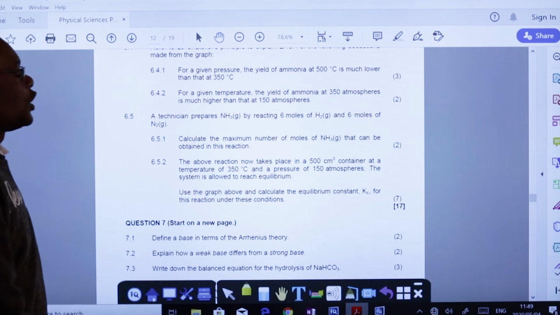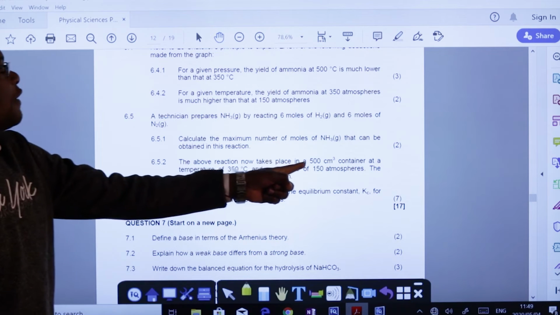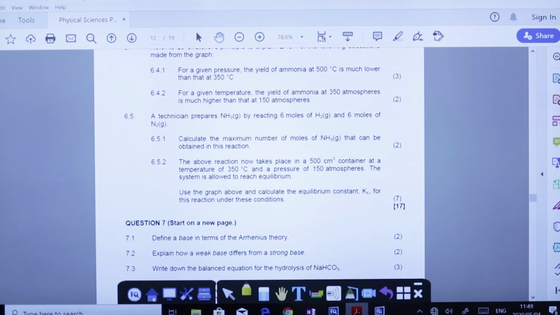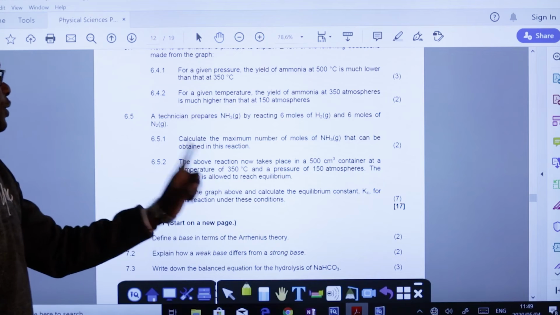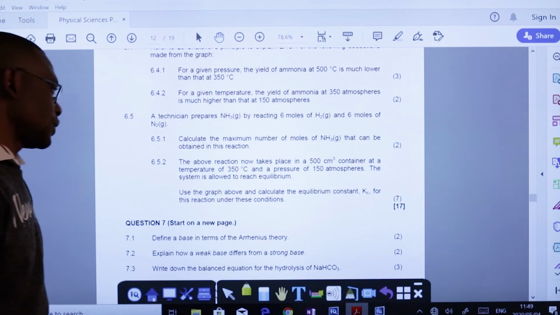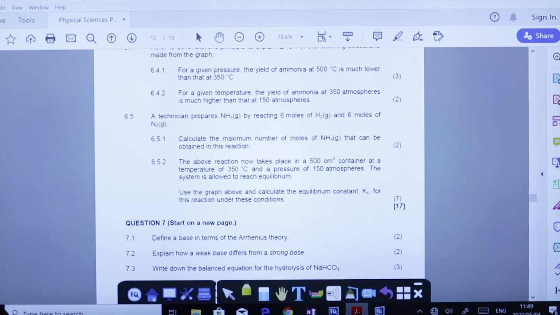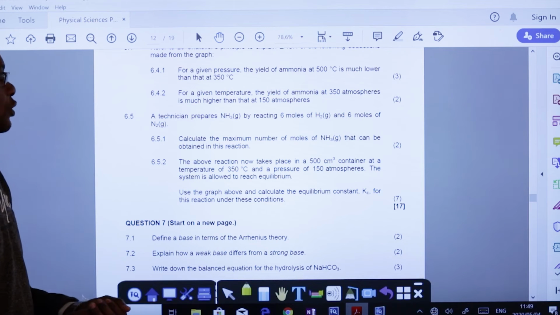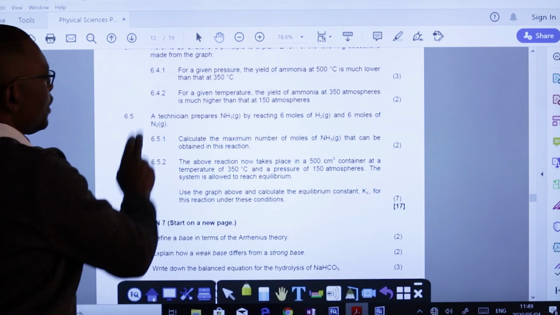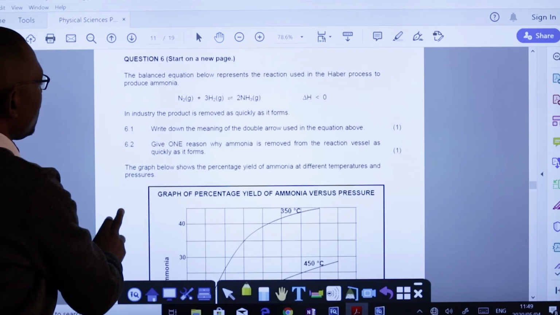The above reaction now takes place in a 500 cubic centimeter container at a temperature of 350 degrees Celsius and a pressure of 150 atmospheres. And then the system is allowed to reach equilibrium. Let's see what was happening here earlier on.